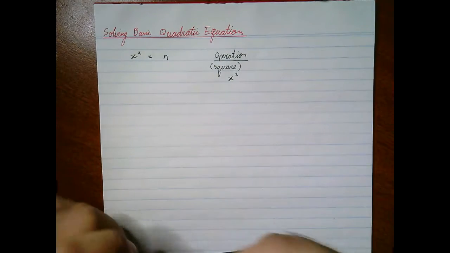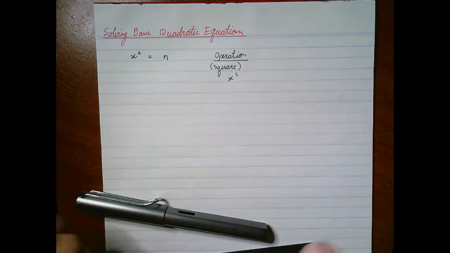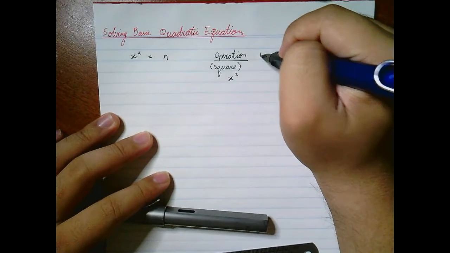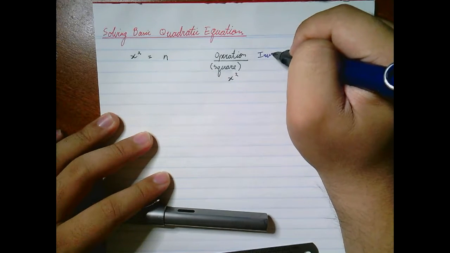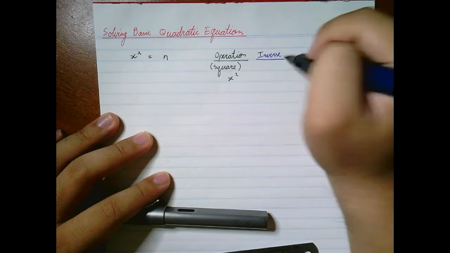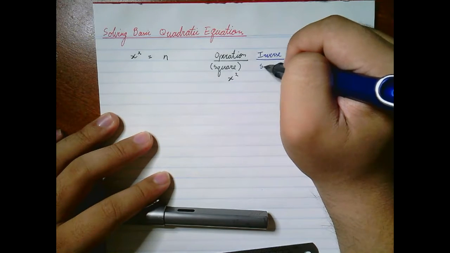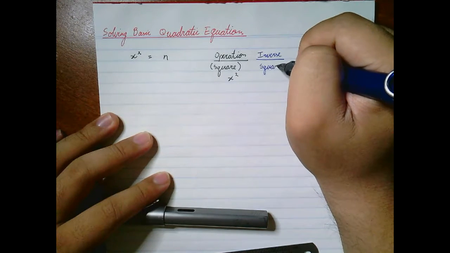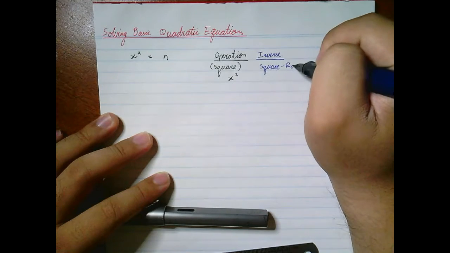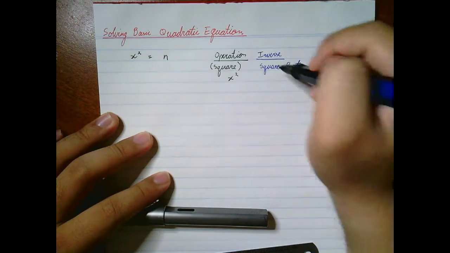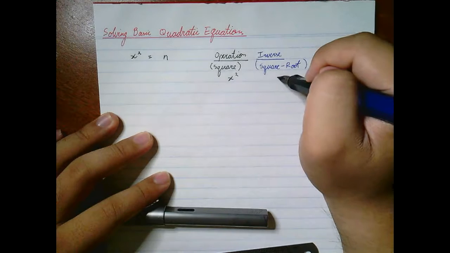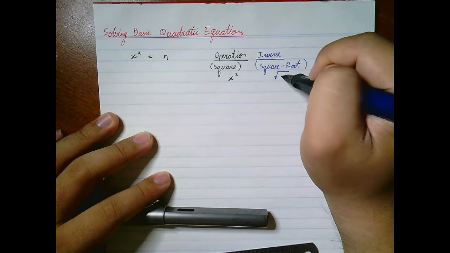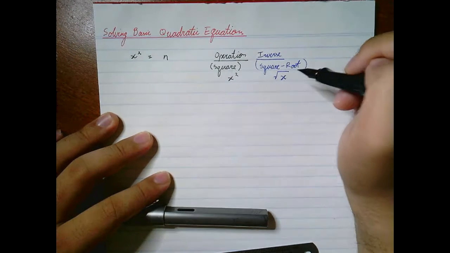The inverse of this operation is the square root, right? And that looks like the square root of x.